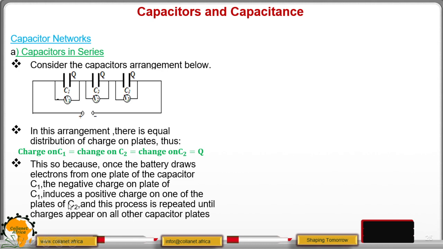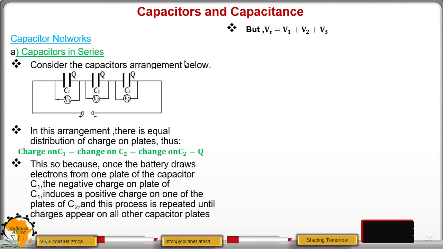And again, the negative plate of C2 will also induce a positive charge on a plate of C3. So the process is repeated until all the capacitors appear with the same amount of charge.